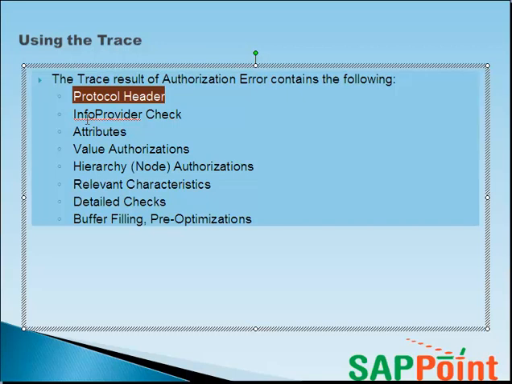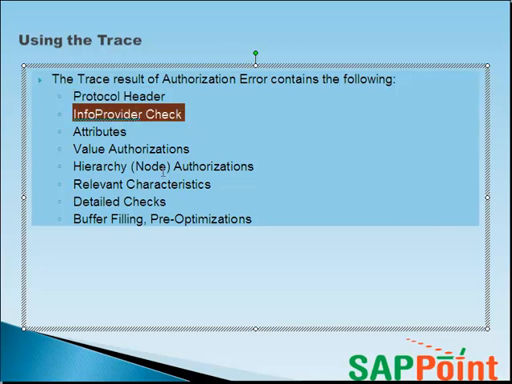Now each of the blocks are separated by header lines with an underlying color. We'll see that when we do the troubleshooting demo. Now the next block that you will have is the info provider check. As a first check, the system checks whether any of the authorizations that is valid has the required combination of info provider and activity.